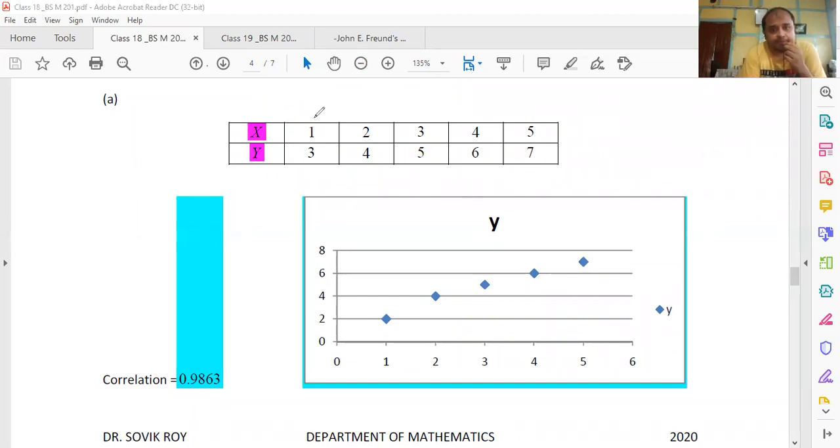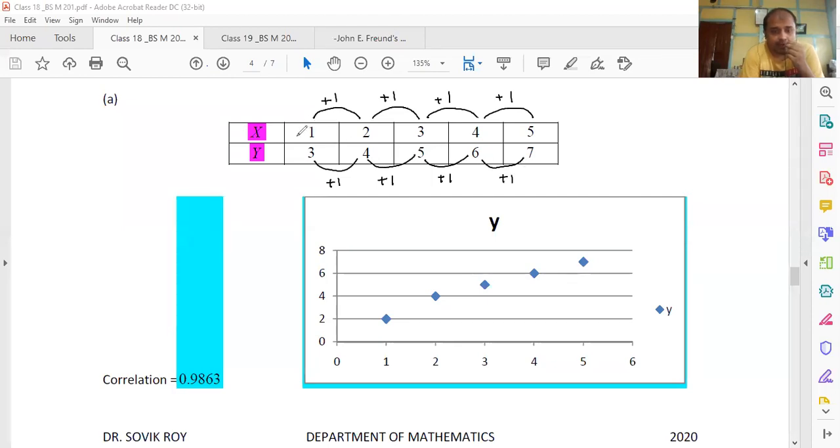In the case of X, there is a jump of +1, and in the case of Y, there is a jump of +1, and here also.